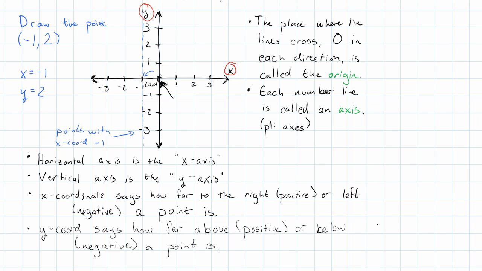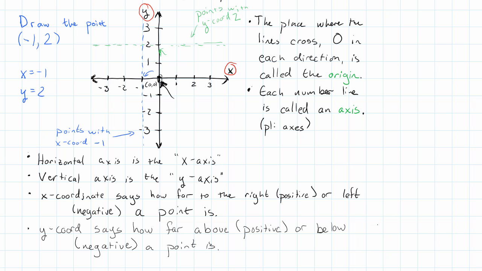The y-coordinate says how far above or below the origin our point is. So we find +2 on the y-axis. All of these points on a horizontal line going through 2, all of the points that are this far above the x-axis, all of these points have a y-coordinate of 2.